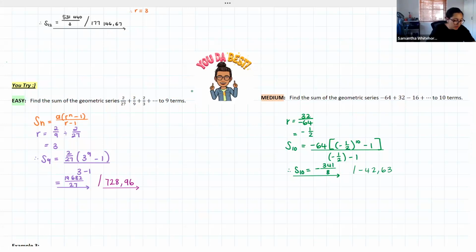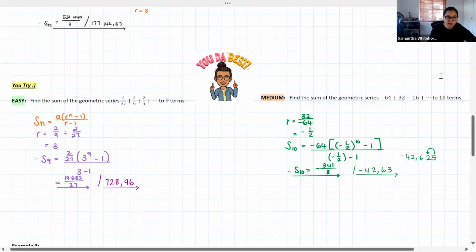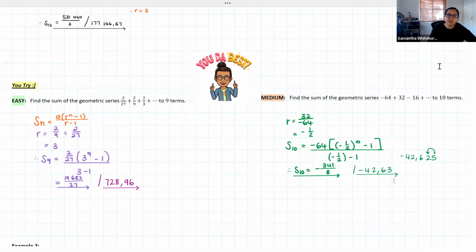Just be careful that the whole decimal is -42.625. This 5 rounds the 2 up to a 3. So just be mindful of that when you are rounding off, because we should round off to 2 decimal places all the time. Right, so those are your 2 answers. I'll just wait here in case you want to take a screenshot, and then we're going to have a look at another example that's a little bit harder, and we now need to think a little bit more about what we're doing.